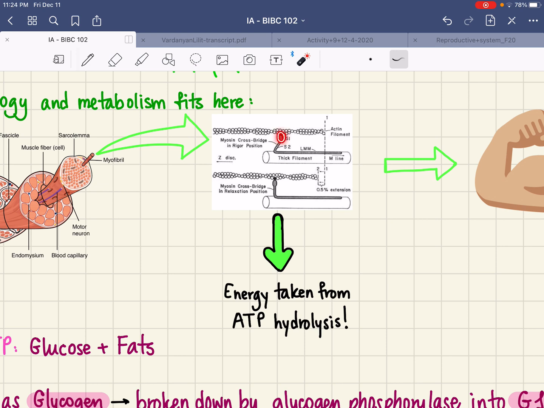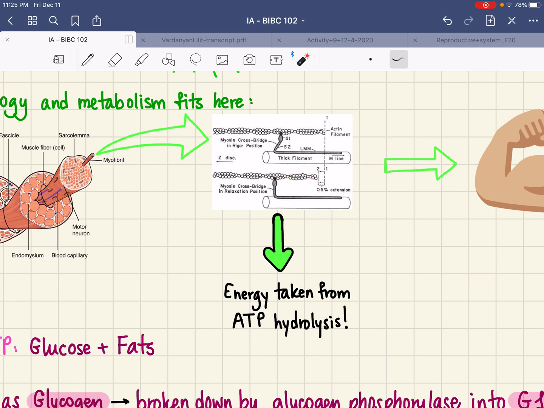It has the myosin head, and this myosin head basically has an ATPase activity. ATPase, hopefully by now the name of the enzyme makes sense, right? Breakdown, ase means breakdown, ATP. So the head of myosin is able to break down ATP, hydrolyze ATP, take the energy from it, and be able to grab on to the actin molecule and push it a little to the side.